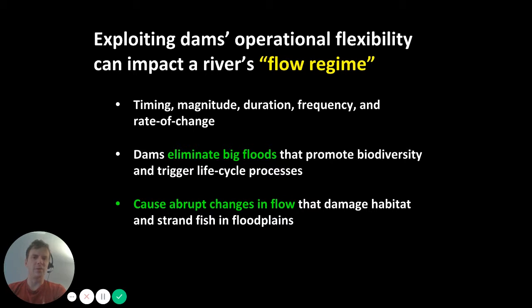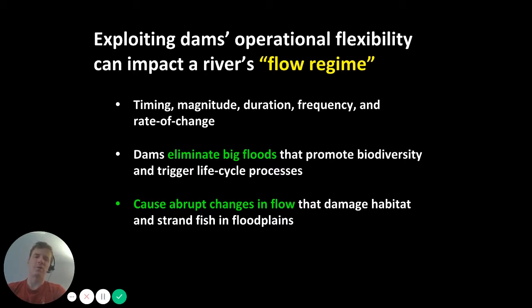So if you've evolved over thousands, hundreds of thousands of years as a fish or macroinvertebrate to expect occasional really big floods, having the ability to cope with that actually improves your rate of success because it can weed out non-native species that might not have evolved. And so eliminating big floods in some cases can allow non-native species to come in and outcompete native species if you take away that source of stress.